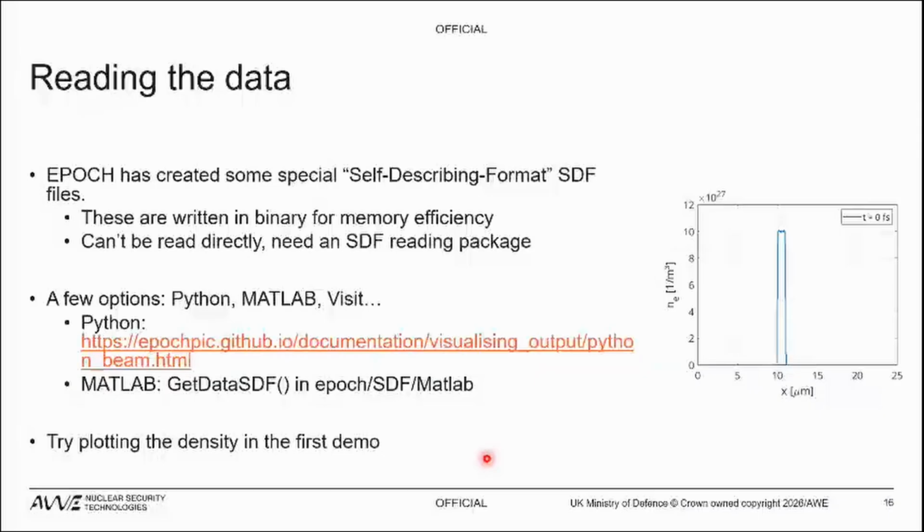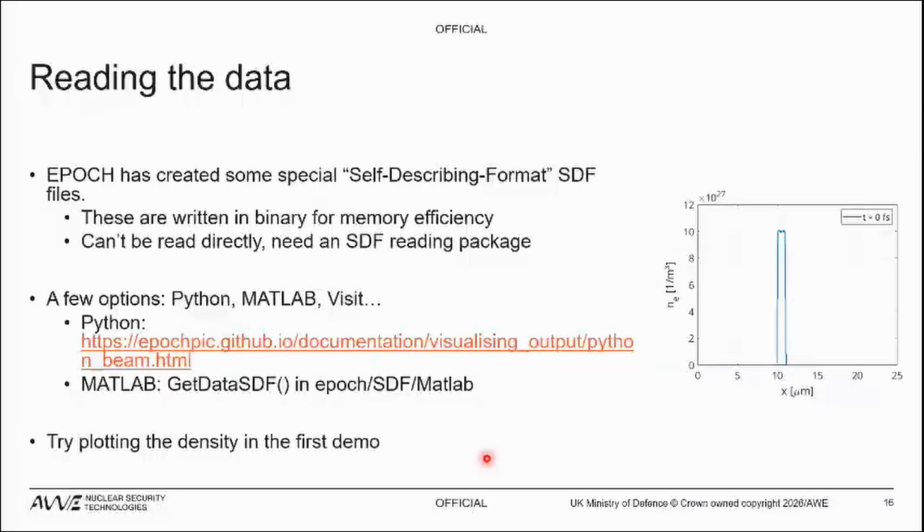But EPOCH will spit out files in an SDF format, which rather unhelpfully means that if you were to double-click this with a text editor, you'll just get nonsense out, because you're not actually writing to ASCII, you're writing to binary.